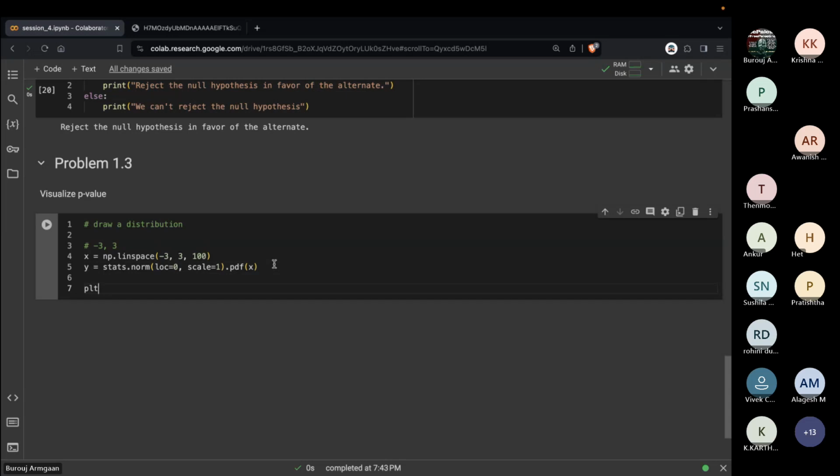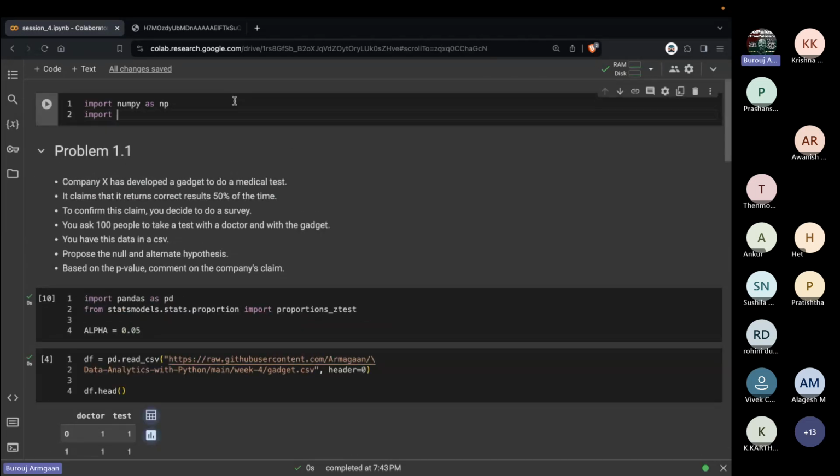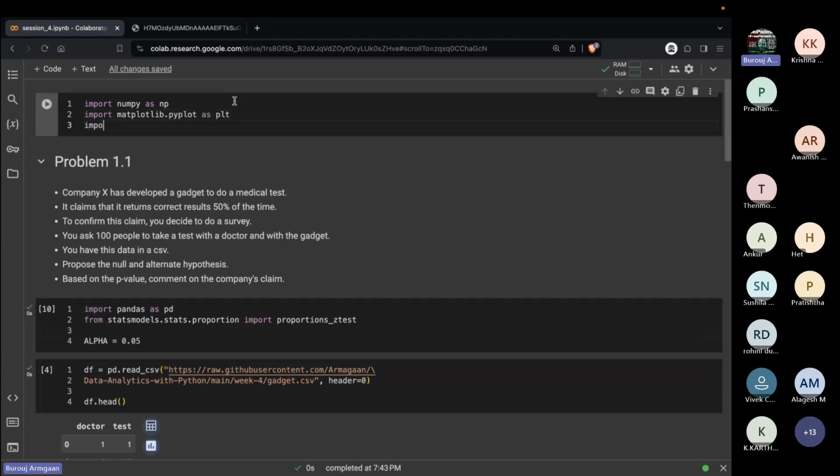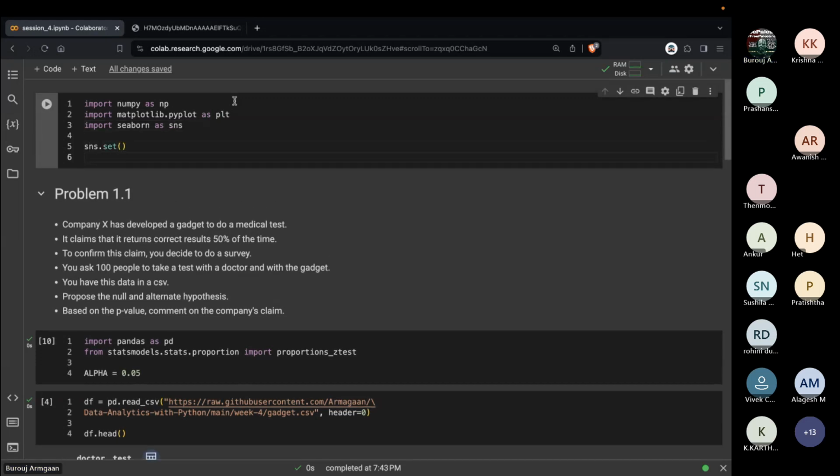So if we plot it, we have to import it first. So import matplotlib.pyplot as plt, import seaborn as sns, sns.set, and np.random.seed, let's set it to 0.